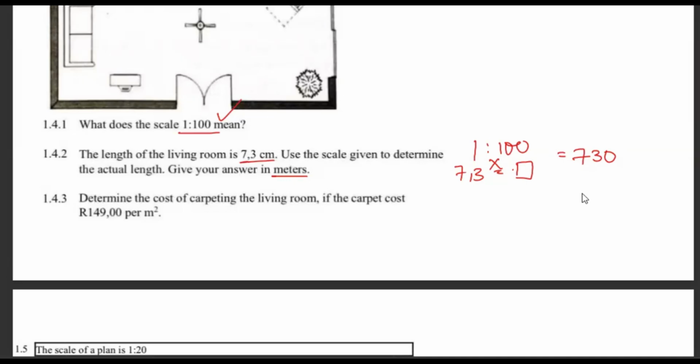We end up having 730 centimeters. The answer is wanted in meters. So centimeters to meters, what do you do? We shall divide this by 100. The answer comes back to this, but in meters.